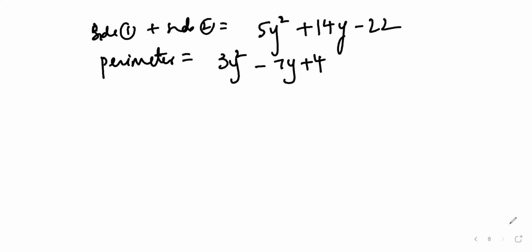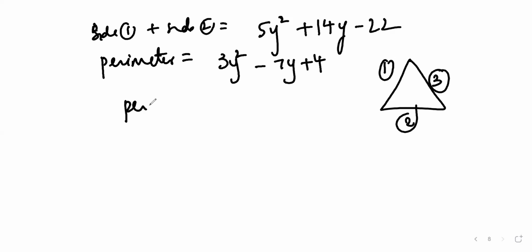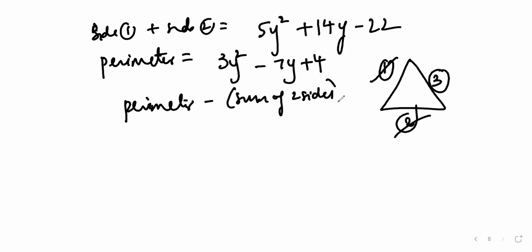So I want the third side. Okay. So we have side 1, side 2, side 3. From the perimeter, you take away the sum of the two sides. Isn't it? You take away 1 and 2, you'll be getting side 3. Perimeter minus sum of two sides.